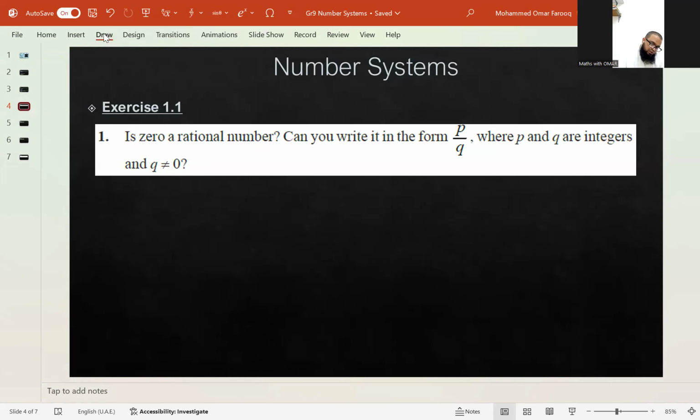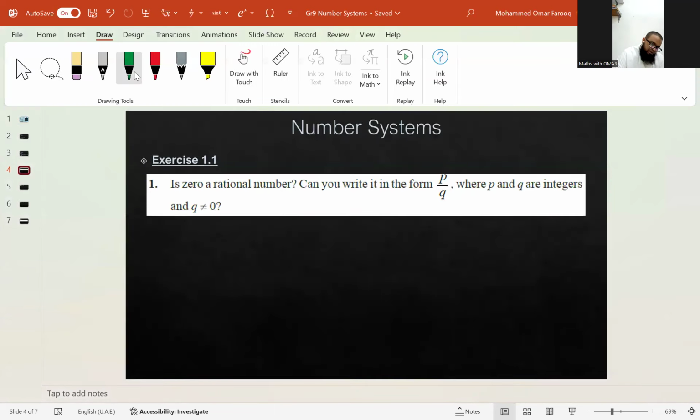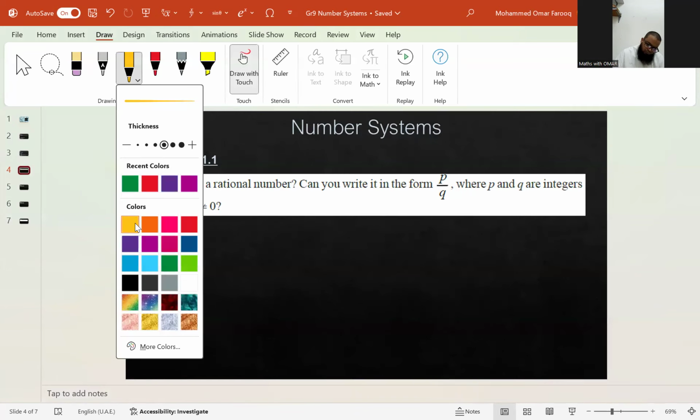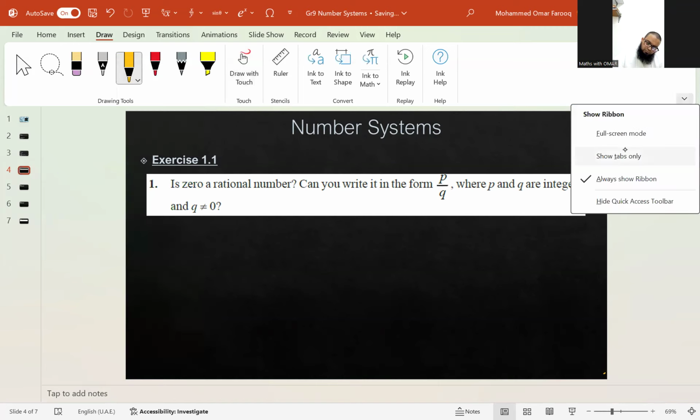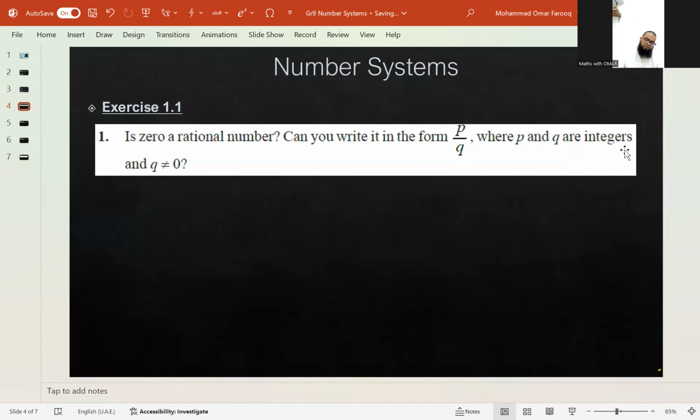So my dear students, let us see. Now, is 0 a rational number? 0 is an integer, right? 0 is an integer.